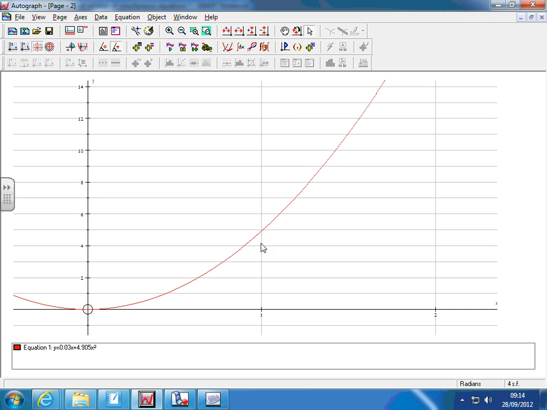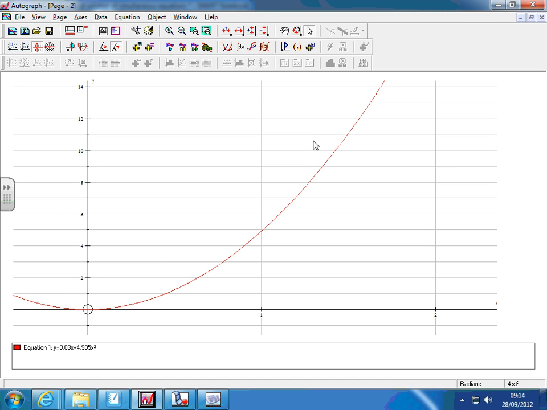So after 1 second, we can go up and across and say it looks like it's going to be around about 5 units of measurement, whatever we're measuring in. How long does it take this object to go a distance of 10 units of measurement? Across and down, and we can estimate what it is, and then to get the answer accurately, I can zoom in. So if I'm interested in this particular point, I'd zoom in on that part of the curve.